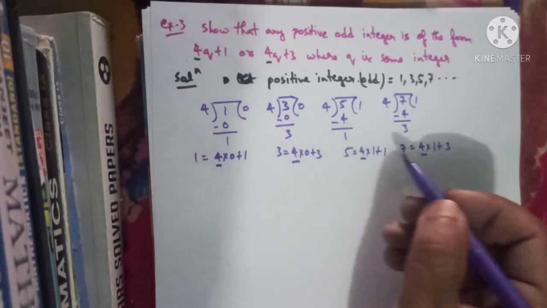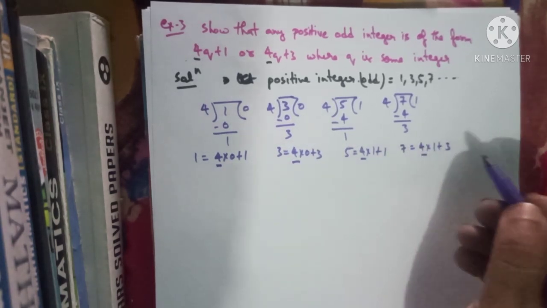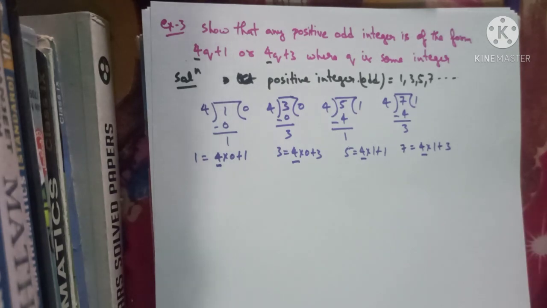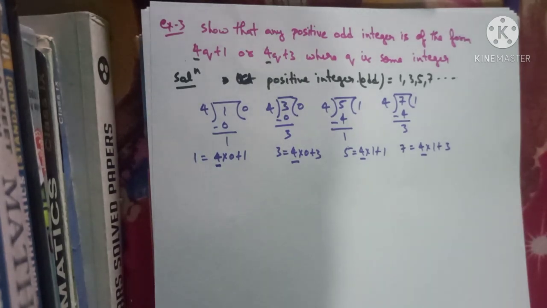The quotient is 0, 0, 1, 1 and so on. It can be 2, 2, 3, 3, 4, 4. The divisor is the same, but the quotient keeps on changing. Quotient is any integer. It can be 0, 1, 2, 3, 4 and so on. And the dividend is also different.